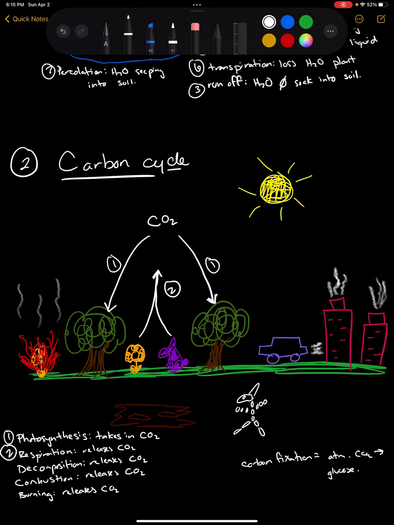Now, there's other things that spit CO2 into the atmosphere, like decomposition. And so when this dead bunny right here dies and decomposes, that actually releases CO2 back into the atmosphere. And when these dead plants start to decompose, they also release CO2 back into the atmosphere. That's called decomposition.